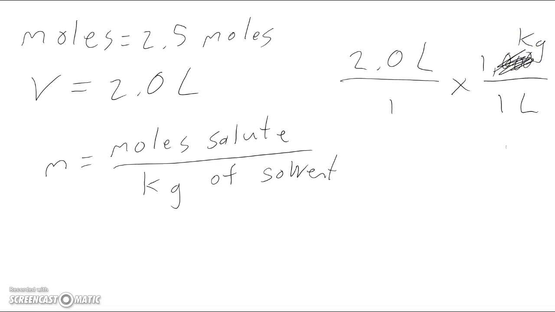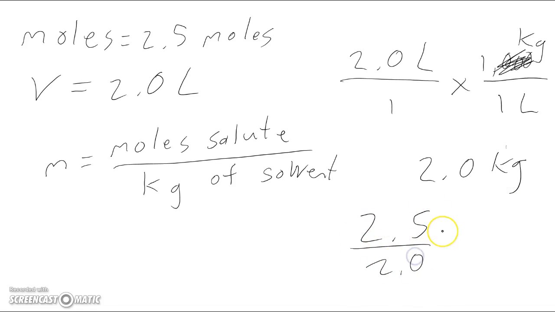So 2 times 1 will give us 2.0 kilograms. So then 2.5 moles over 2.0 kilograms will give us 1.25 molal.